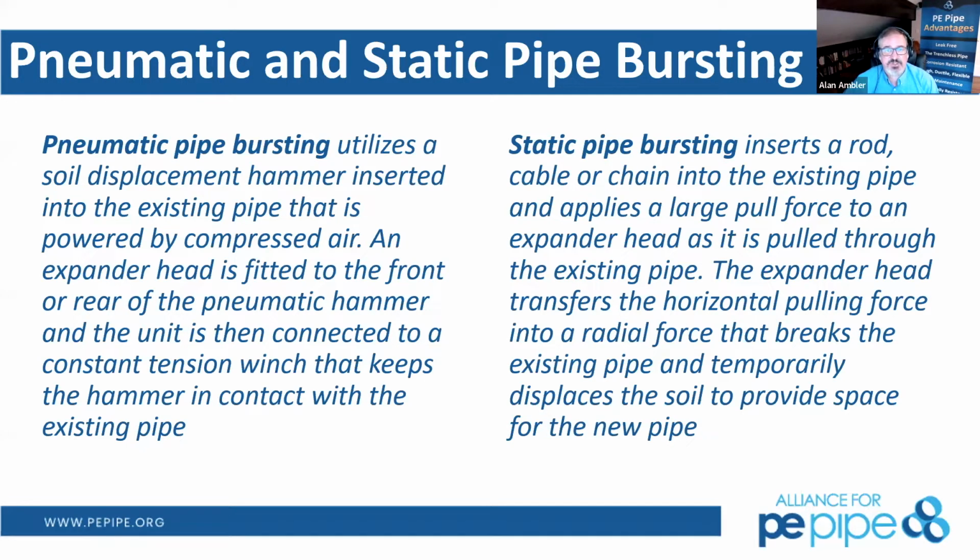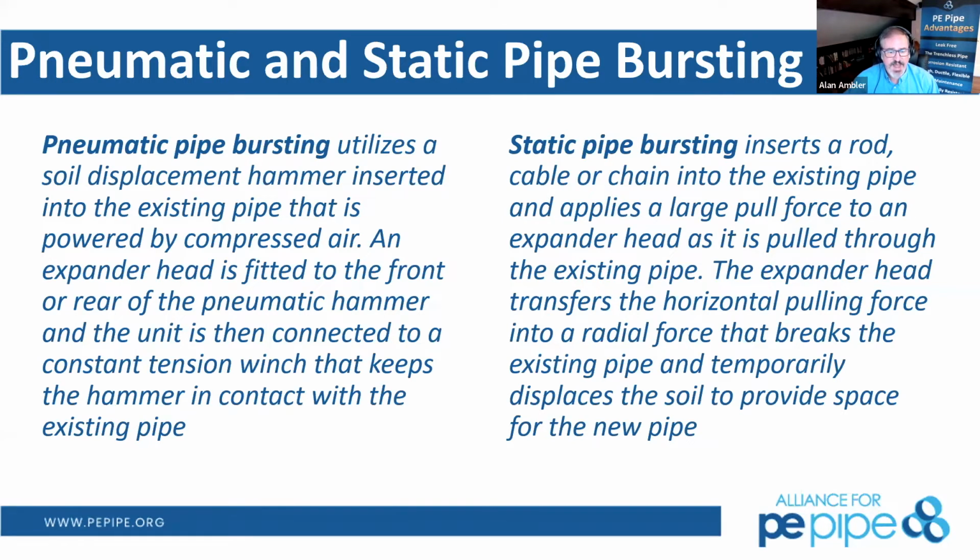In static pipe bursting, we're going to put either a cable or a hardened rod through the existing pipe, attached to that pulling expander head and any type of cutting equipment that we have, and then pull it through that existing pipeline. It'll be attached, of course, to the production pipeline with the expander head as it goes through. And that process will do the same thing: fracture that existing pipe, create a temporary soil cavity, and then pull that production pipeline back through.